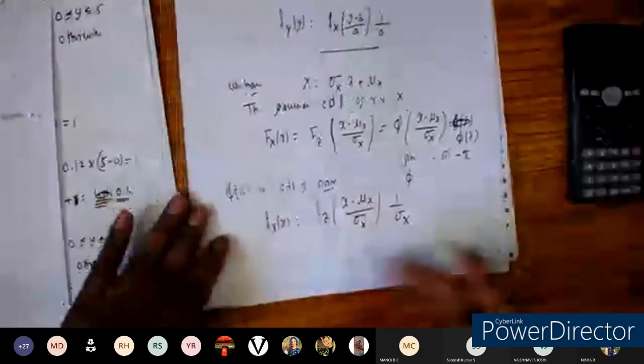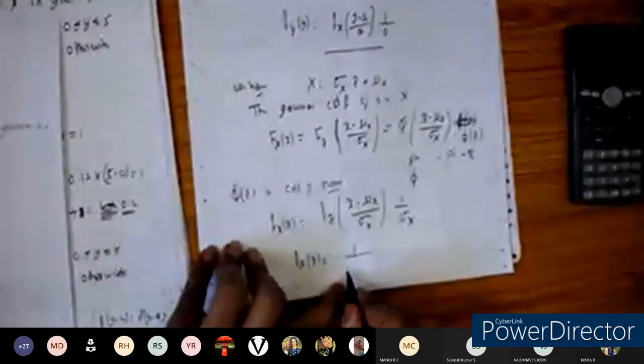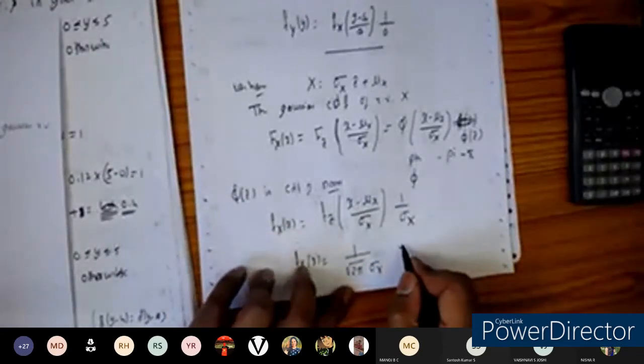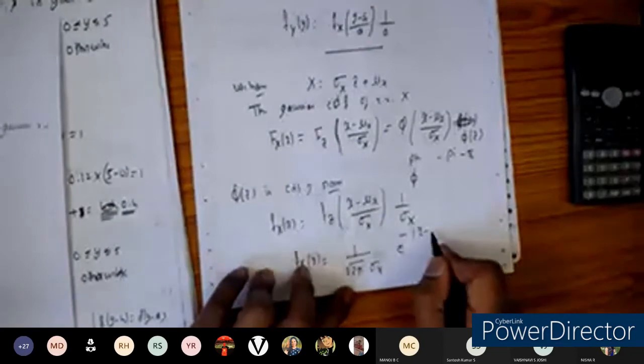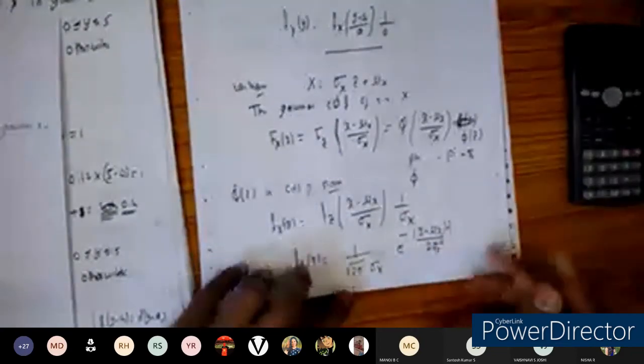Now we can find the expression for this. F_X of x, the normalized Gaussian random variable, can be expressed as e to the power of minus x minus nu x the whole square divided by 2 sigma x square.